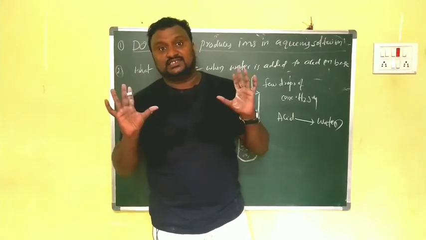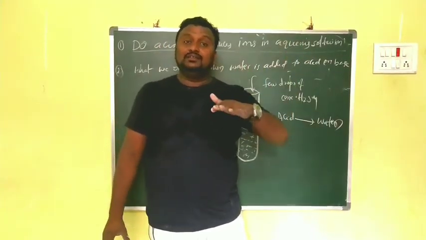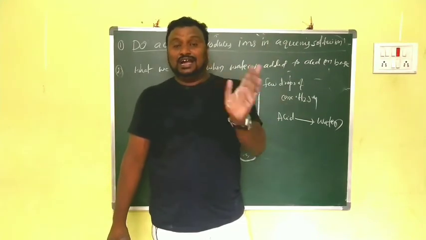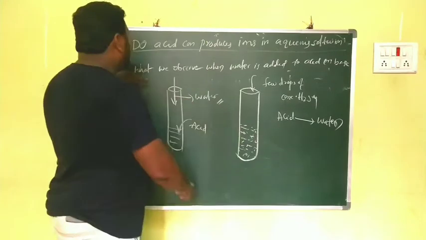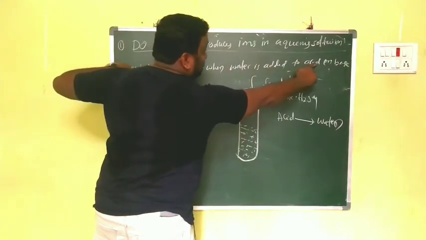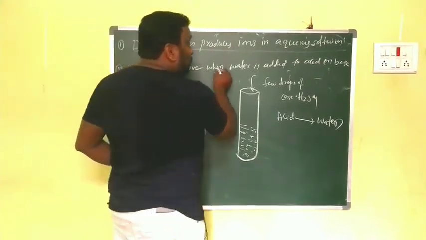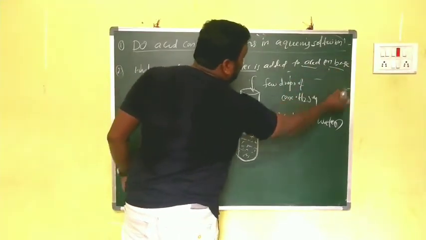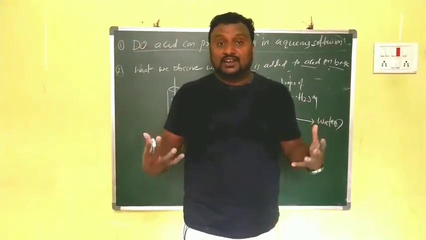That's why it is so dangerous. While doing experiments, we have to add the acid or base to the water. So here the question is: what do we observe when water is added to the acid or base? What is the answer? If you add water to the acid or base, you have to say that a large amount of heat is liberated in the reaction.